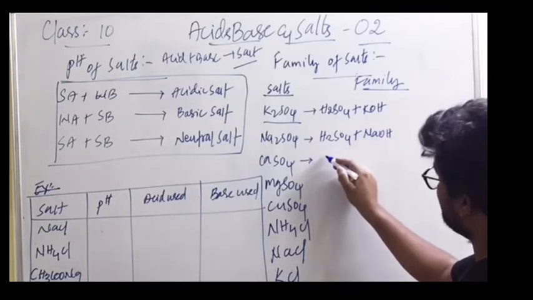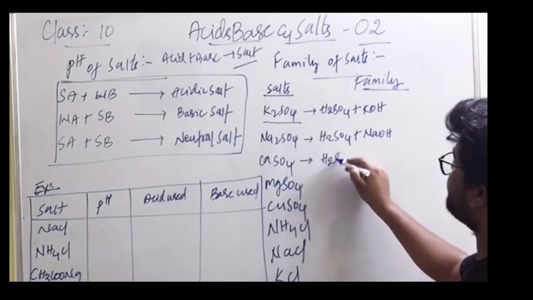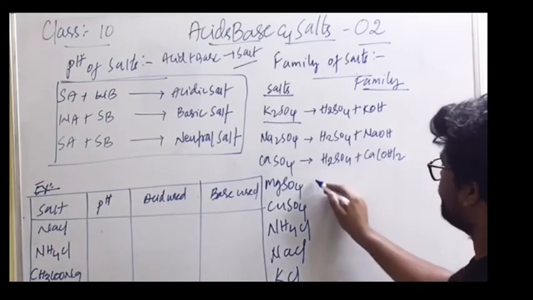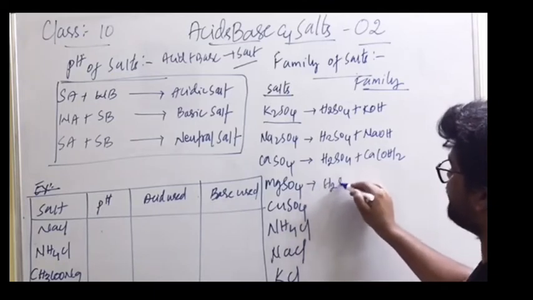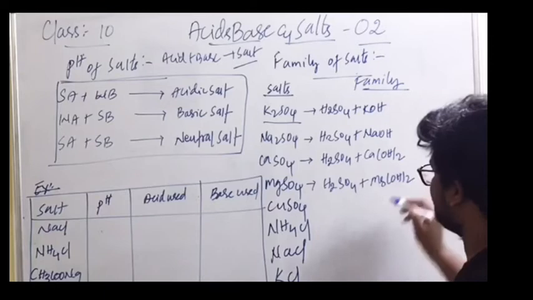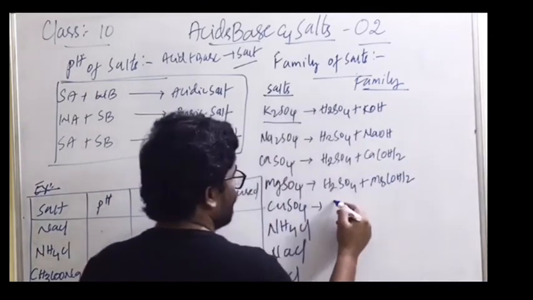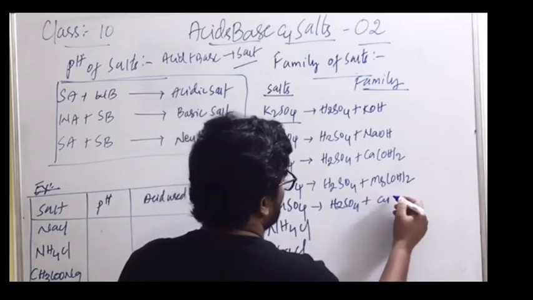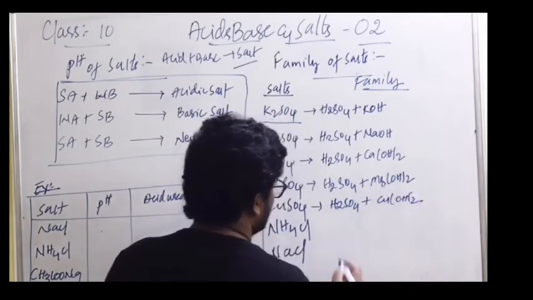Calcium sulfate is again sulfuric acid plus calcium hydroxide. Magnesium sulfate, again sulfuric acid plus magnesium hydroxide. In the same way, sulfuric acid plus copper hydroxide.